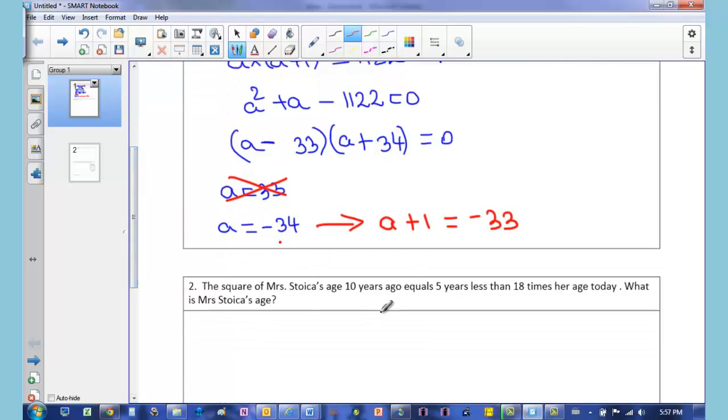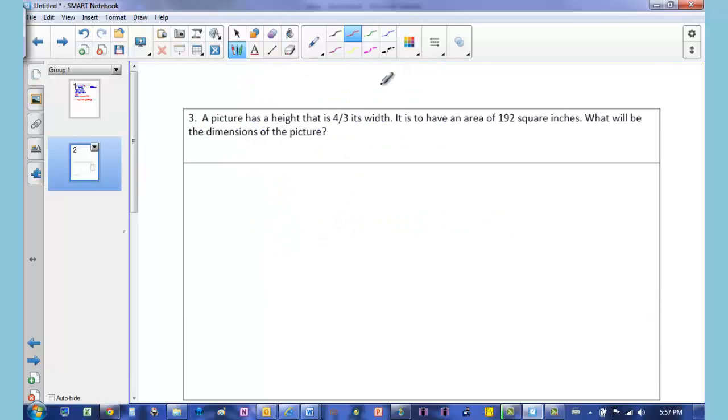Okay, I will let you set this one up by yourself at home, having some fun with my age, and the result is 1 year less than my actual age. The next one says a picture has a height that is 4/3 of its width. Well, let's take a look at the picture.